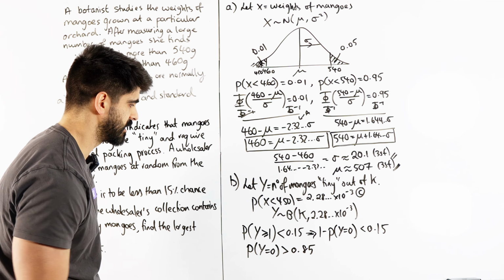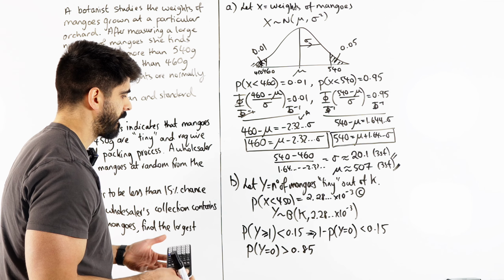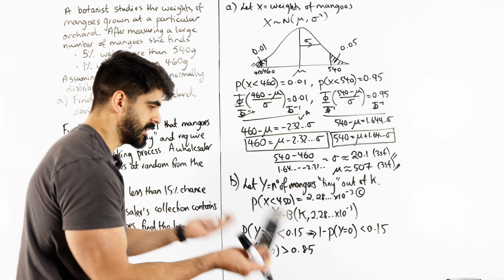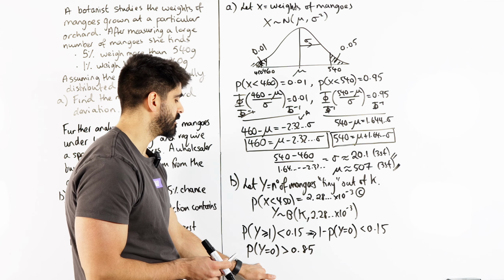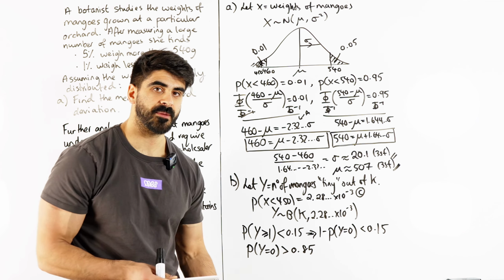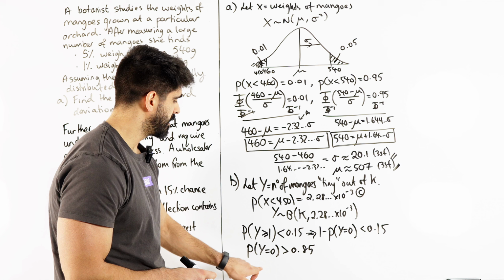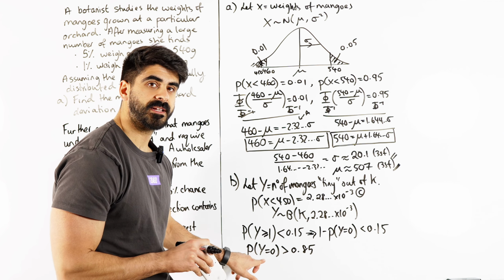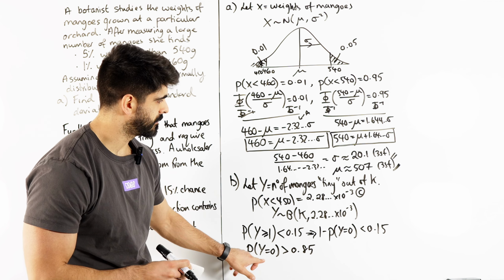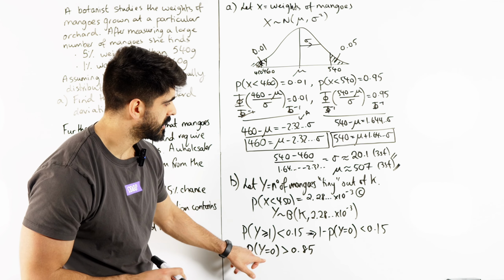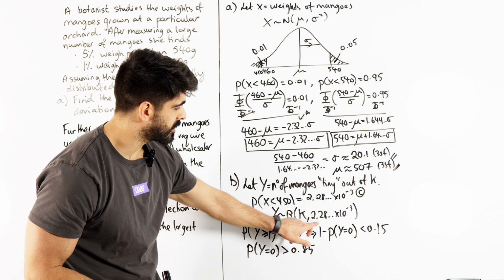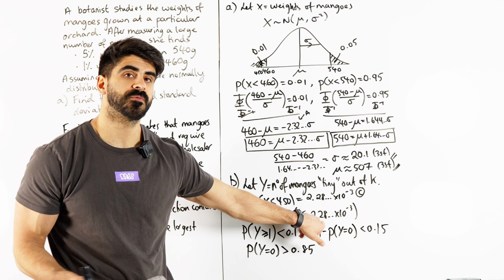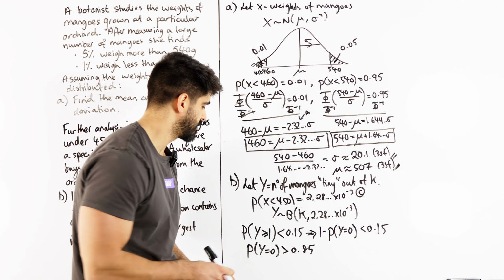And we need to solve this. Now, how do we do this? My year 12s, well, they're year 13s now, will be very familiar with this. How do we describe it? You should be shouting at the screen right now. We say this is the probability of all failures. The probability of finding a tiny mango is this. The probability of not finding a tiny mango is 1 minus this.